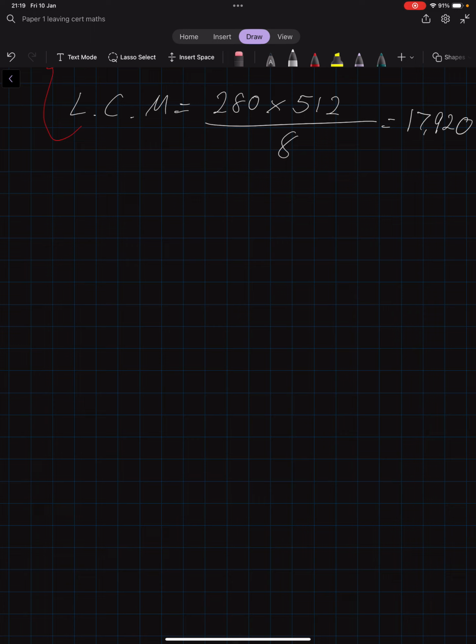Now, the next thing to look at is factorials. So what is a factorial? If we have n factorial, this is n multiplied by n minus 1 multiplied by n minus 2 and so on, multiplied by 3 multiplied by 2 multiplied by 1. So what this means is you just keep multiplying by n and then n minus 1 and n minus 2 all the way down until you get to 3, 2, and 1.